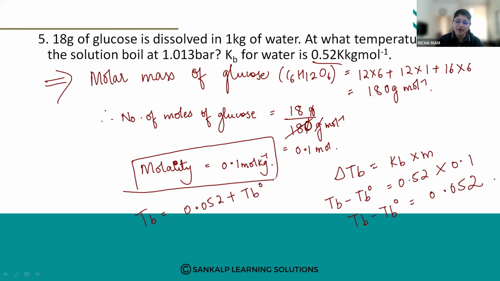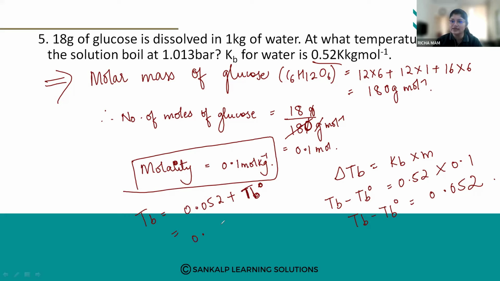So TB naught is the boiling point of pure water. What is the boiling point of water? It is 100 degrees Celsius. When you convert 100 degrees Celsius into Kelvin, it will be 100 plus 273, so 373.15.